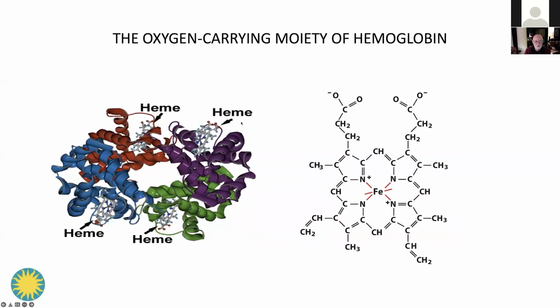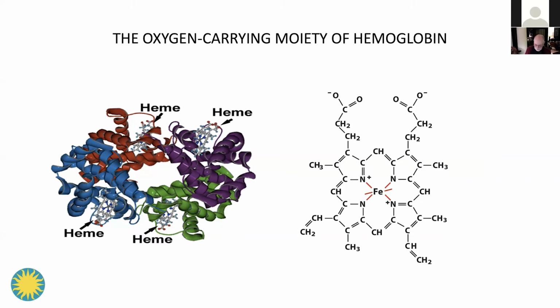And the portion of hemoglobin that has iron is called heme. And here you have the chemical structure of heme with iron in the middle. And it is this iron molecule that binds oxygen. And so if you have a lot of hemoglobin present, you're going to have a lot of heme. And if you have a lot of heme, you're going to have a lot of iron.